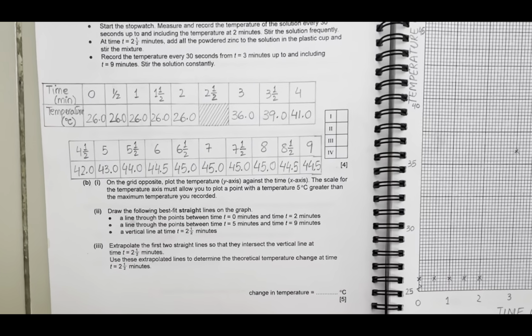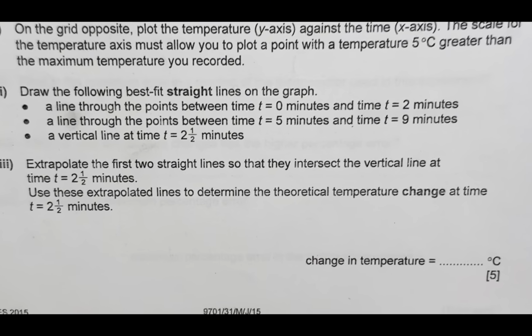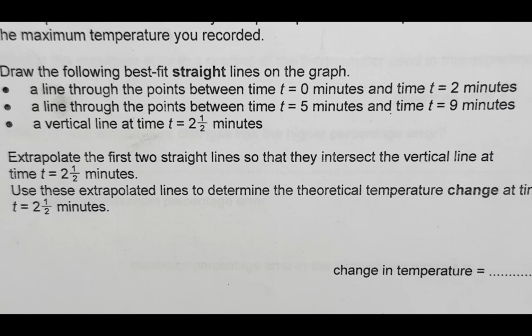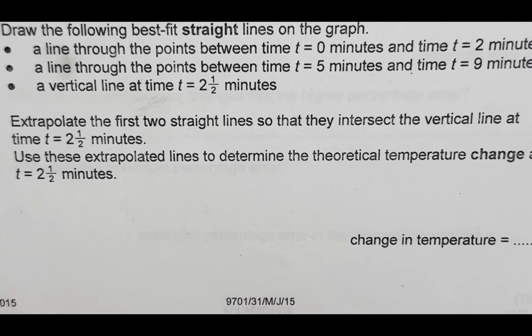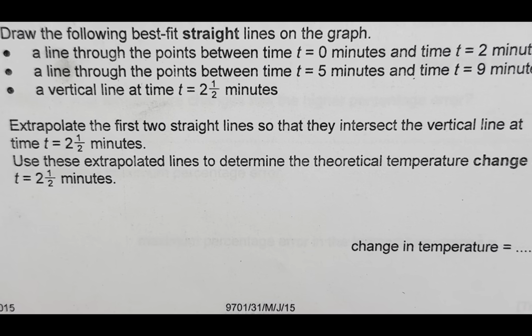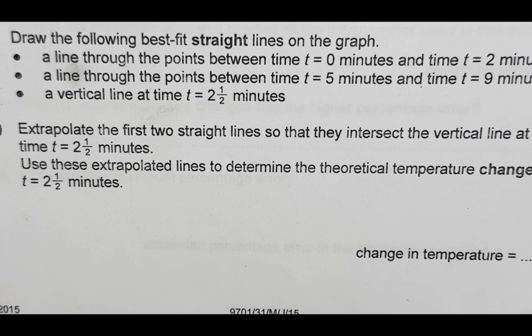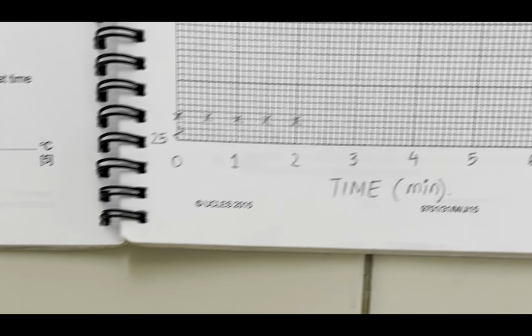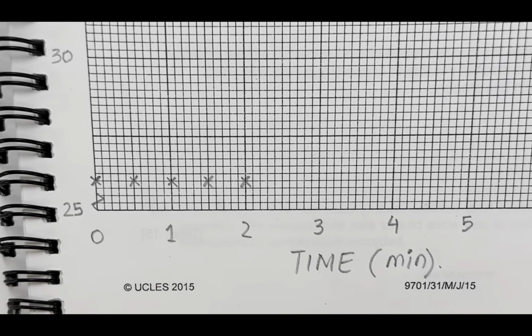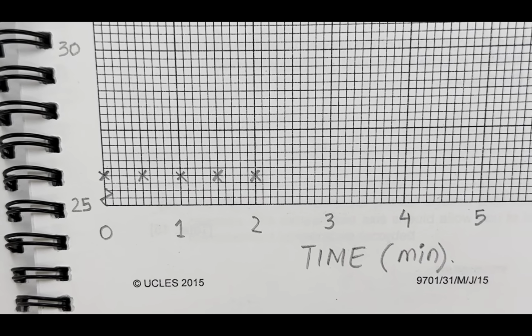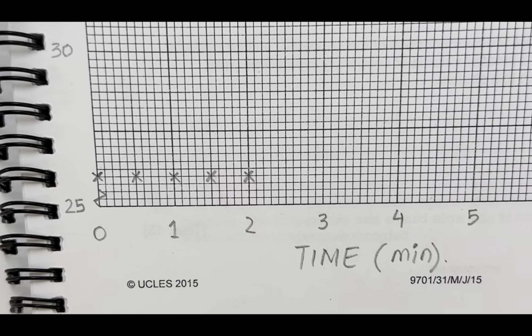Here they have said you have to draw these best fit straight lines. Number one, a line through the points between t0 minutes to t2 minutes. So one of the line will be a straight line from 0 to 2 minutes, and it's clearly here 0 to 2 minutes. It will be a straight horizontal line.